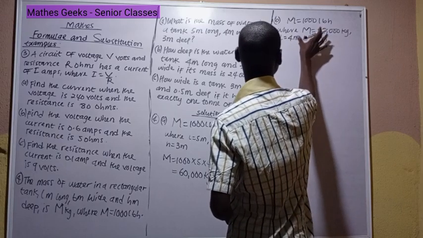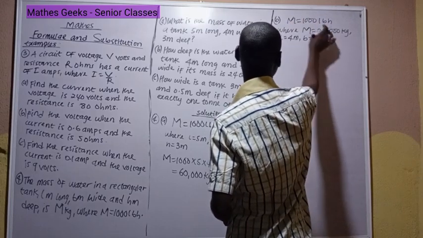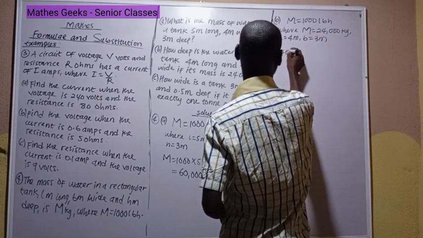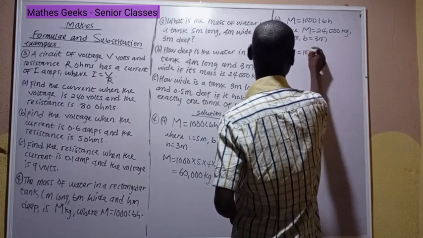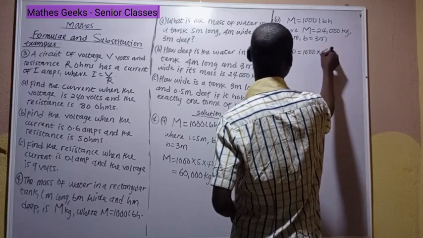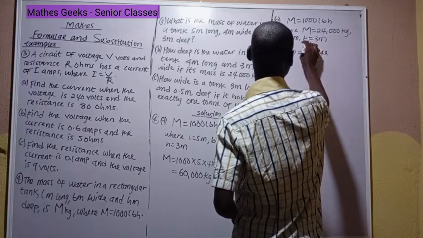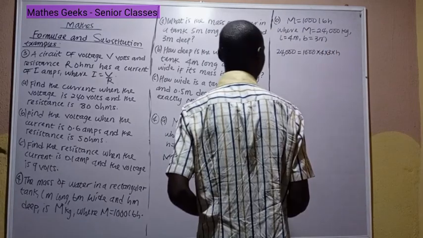So if we put these values in place of the letters, M here is 24,000 equals 1000 times the length 4 times the breadth 3 times h, and h is what we are going to look for.